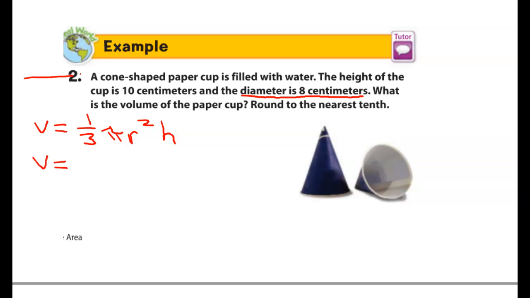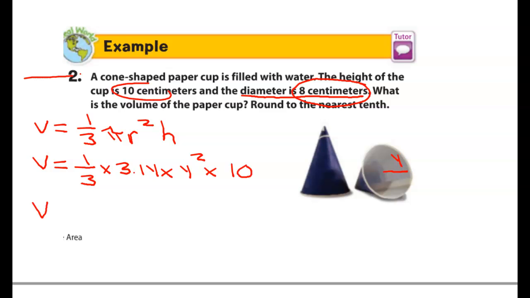So we'll say volume is equal to 1/3 times 3.14 times the radius. The diameter here, you guys, is 8, so that means halfway across the circle, that's just going to be a 4. So the radius is 4. So we're going to have to say times 4 squared times the height, and they're telling me that the height is 10, so I'll just drop in a 10 right there.